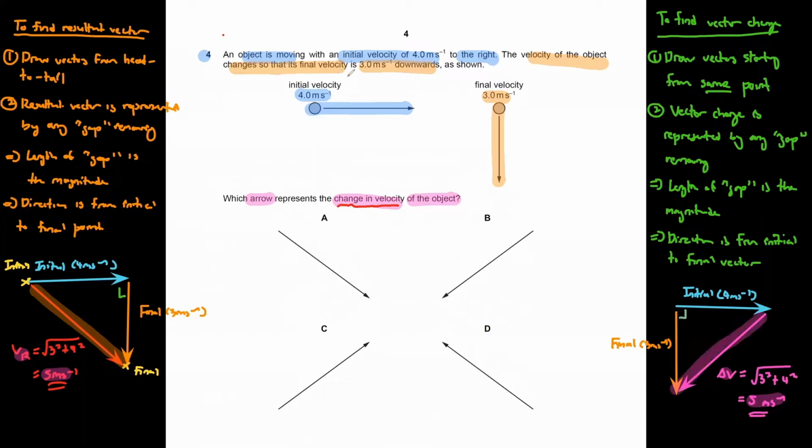Okay, from the two diagrams that have been drawn, there's two conclusions that we can draw from them. The first one is in terms of the magnitude. We can actually say that the resultant vector is going to be the same as vector change in terms of magnitude.